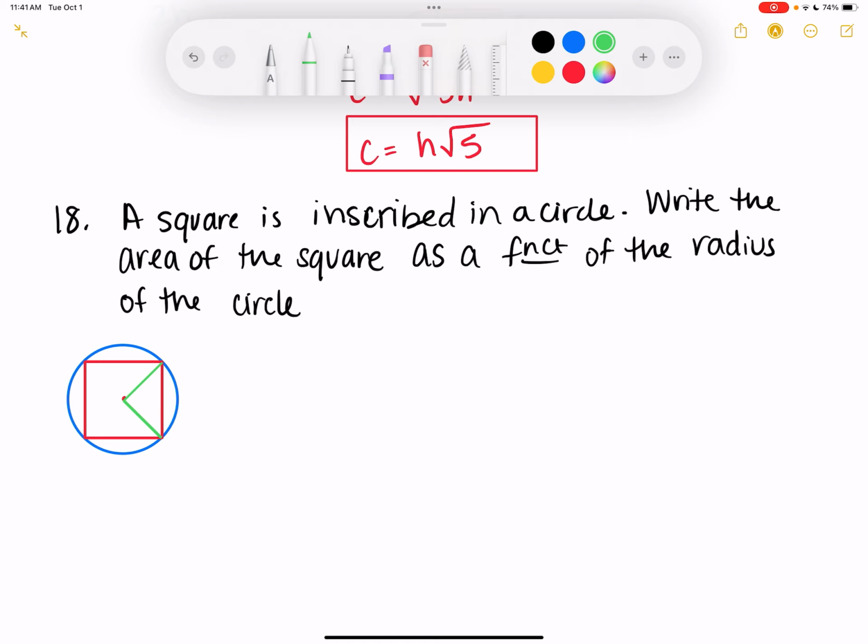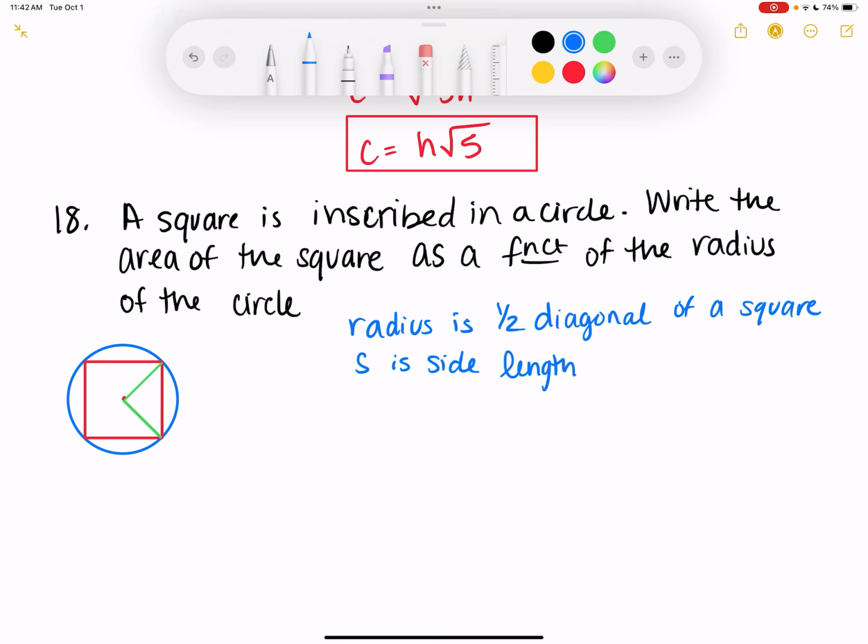A couple things that I know is that the radius is half the diagonal of a square. s is the side length of a square. So I've got the radius here, s here.